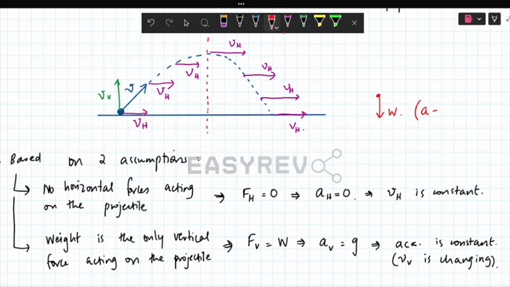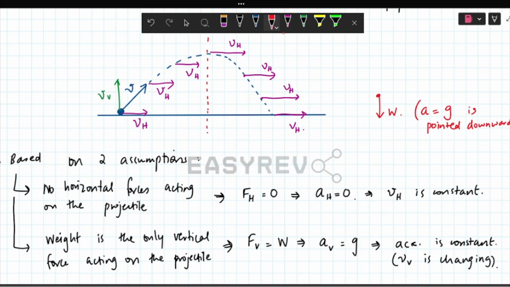Acceleration a, which we know is equal to the acceleration due to gravity, is pointed downwards. So if the projectile is being sent vertically upwards, the object will be slowing down until it reaches the top. And so that velocity vector will be seen to decrease until it reaches 0 at the very top.